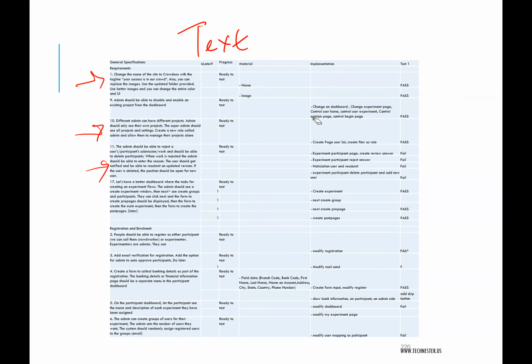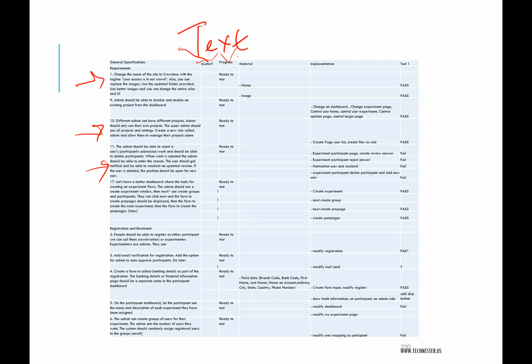The key thing you should take note of here is the requirement is represented as pure text. Some people may just write the requirements, and as long as they have a number for it, the attributes of the requirement you put here will depend on you and what you are trying to record, right? What you are trying to keep record of.